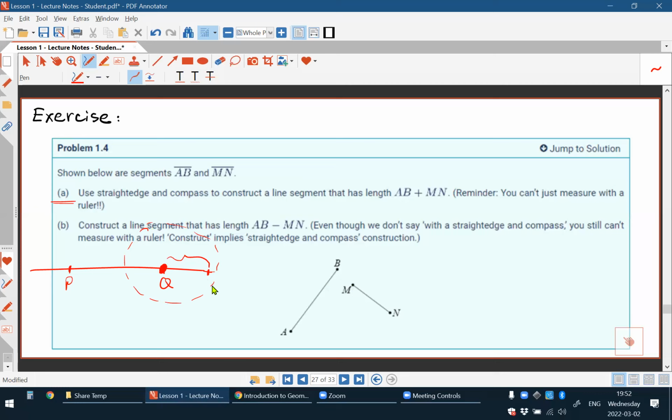For example, let's call this C. Then PC should be AB plus MN, right? And this intersection is D. Then PD is actually AB minus MN, right? You see that?